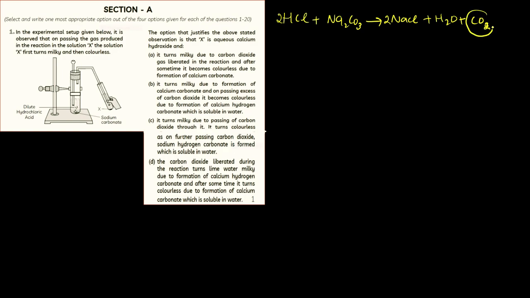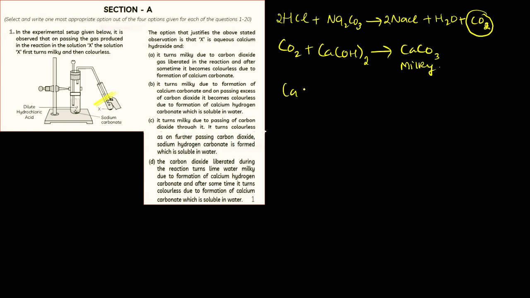Now this is carbon dioxide gas, and it is being passed into solution X, and solution X turns milky. We know that carbon dioxide can be tested by the lime water test. So carbon dioxide is being passed through lime water, that's calcium hydroxide. It changes into calcium carbonate, that's milky.